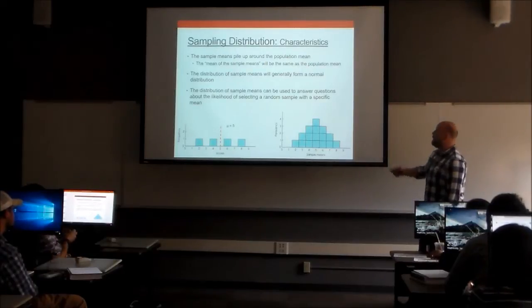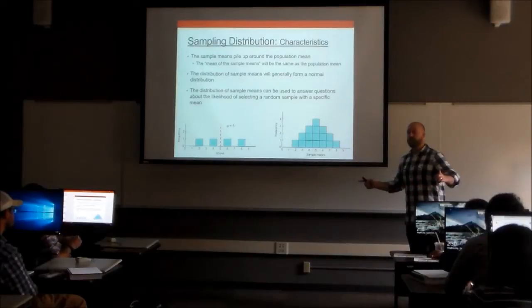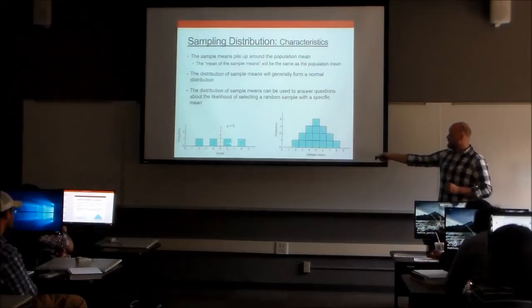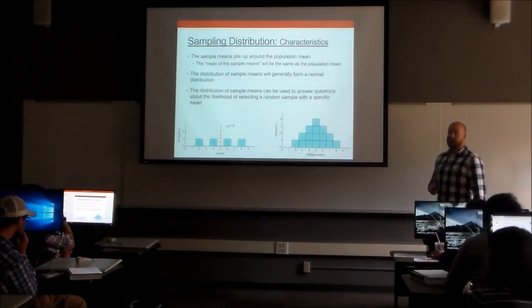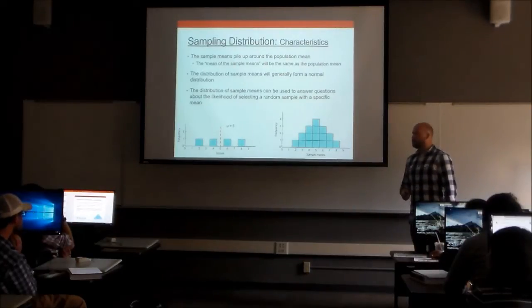That's sort of convenient. We also see that our distribution of sample means generally forms a normal distribution, right? Is this a normal distribution here in our population? No. How would we describe that distribution of scores?